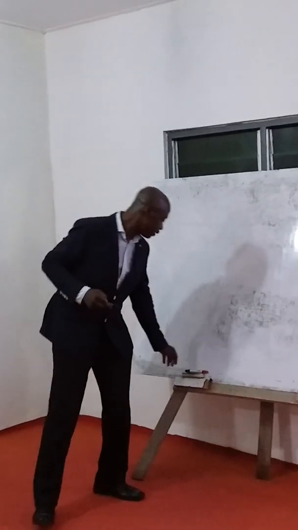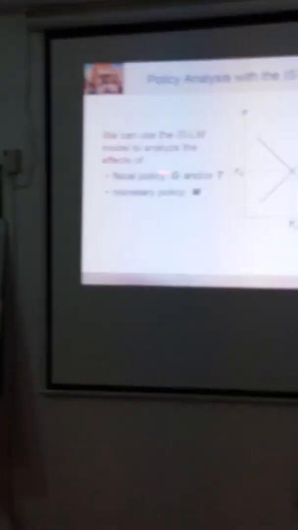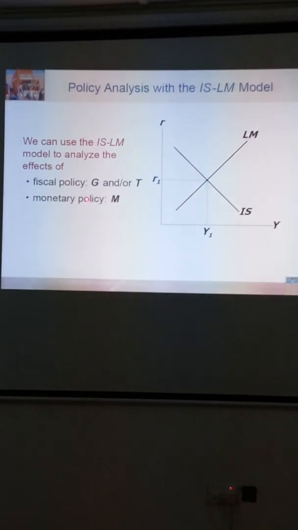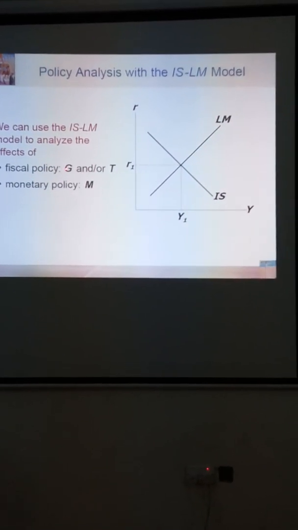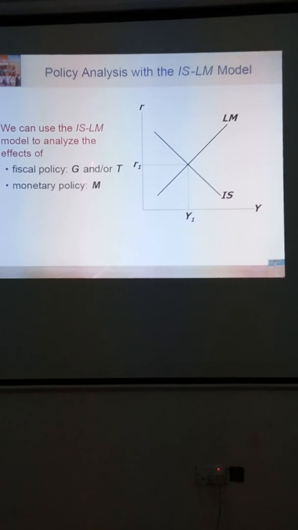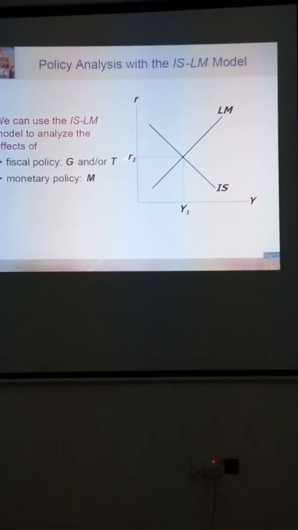At the intersection, we have the equilibrium interest rate and the equilibrium income. We have the fiscal policy variables, G and T. With expansionary fiscal policy, we have an increase in government spending and/or a reduction in tax.